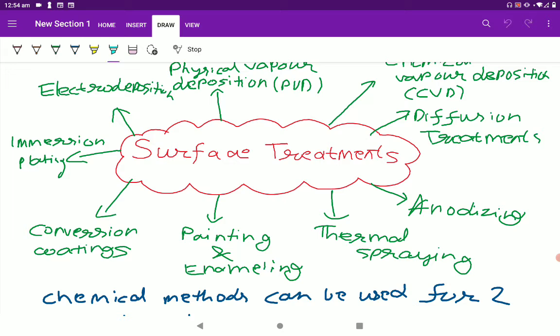Now coming to the conversion coating, it's another method for modifying the surface composition in an aqueous solution. They modify the surface composition, for example, for improving the corrosion resistance of our base material. And the method based on a liquid precursor is the immersion plating.